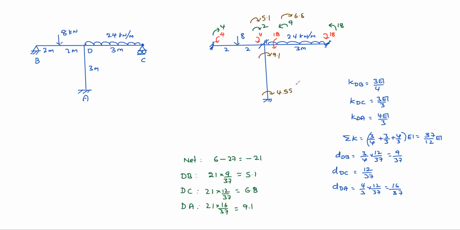So now the final moments are like this: 4.55, 9.1, and here clockwise 4 to 10, 4 to 6, 6 plus 5.1, 11.1 here, and here anti-clockwise 27, 27 minus 6.8, 20.2 anti-clockwise. Okay, these are the moments.